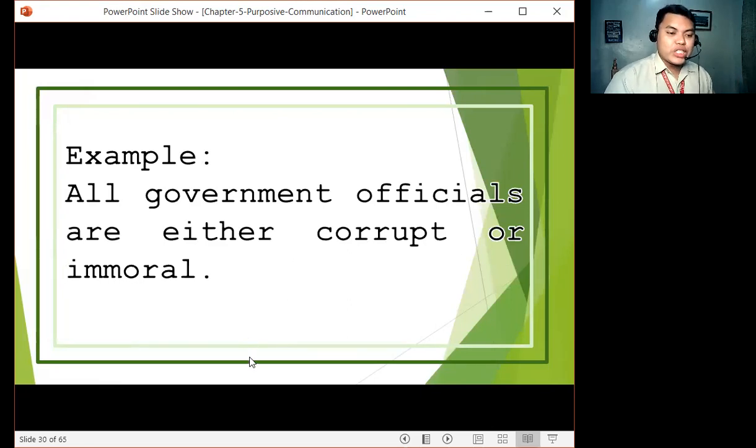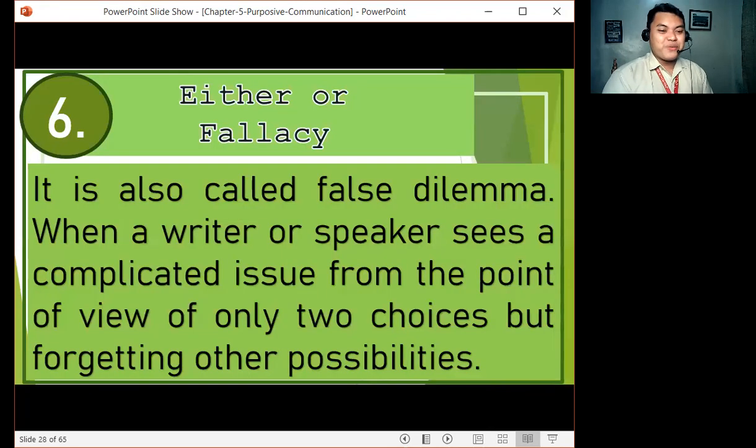All government officials are either corrupt or immoral. And come to think of it, corrupt and immoral are two negative points. So what's the point of the choices, considering the two choices that you have are both negative? So that's what the either-or fallacy is trying to imply. You are mentioning two negative points without considering other possibilities.